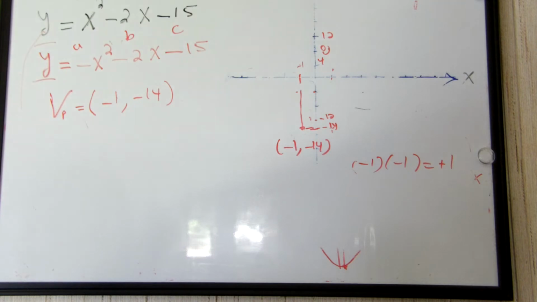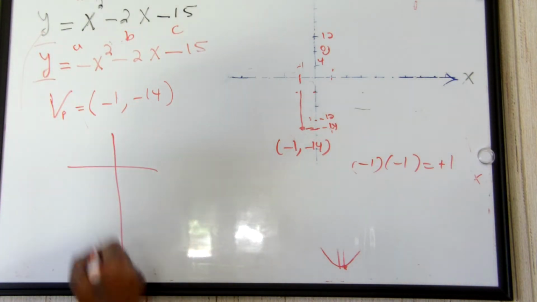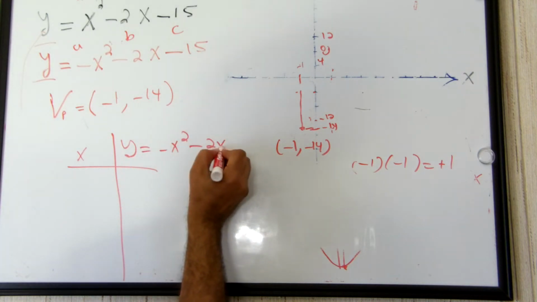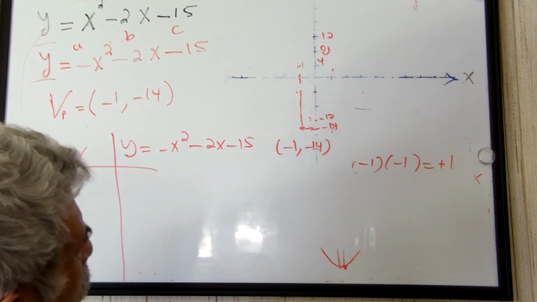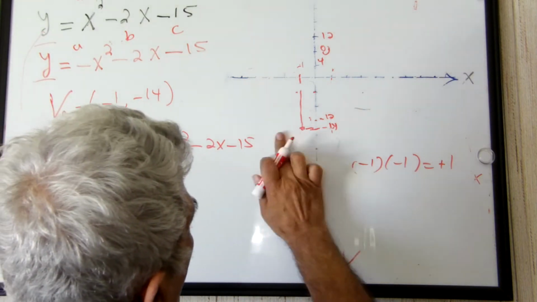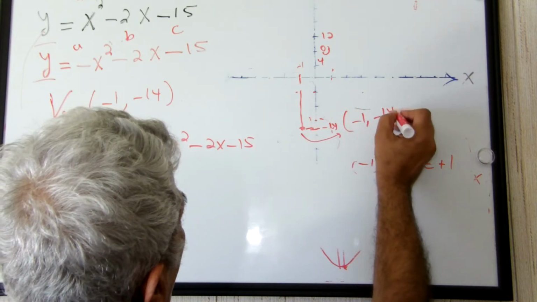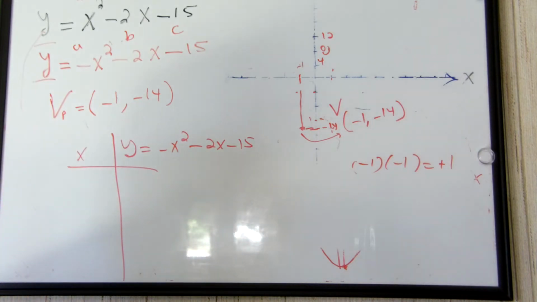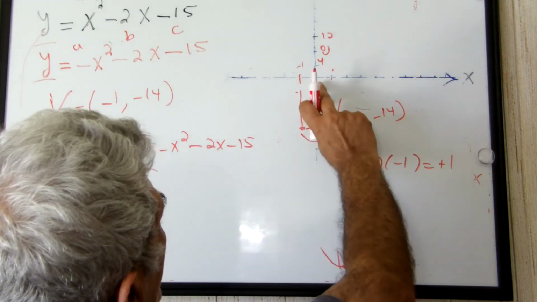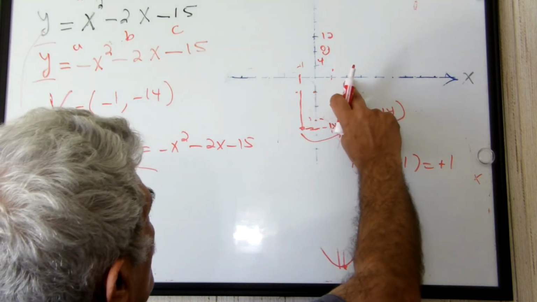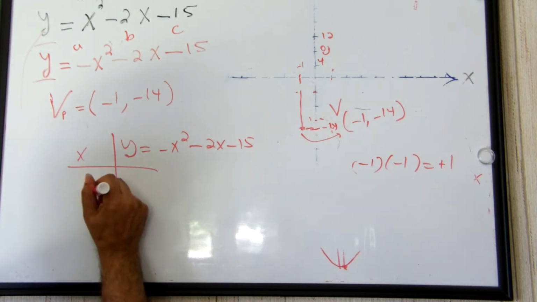Now let's find other points. Like for example, x plus 2.